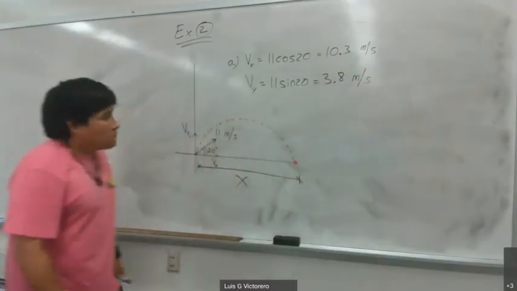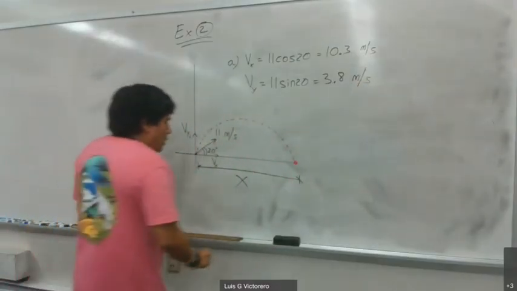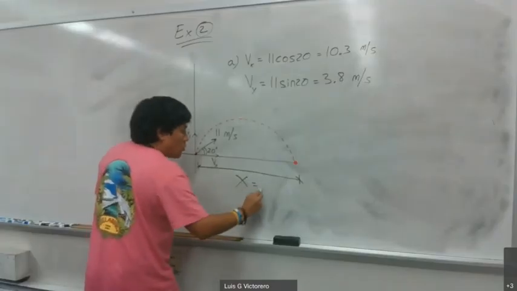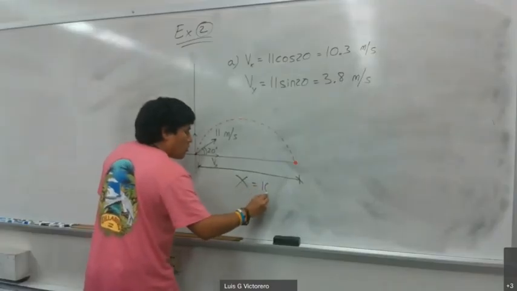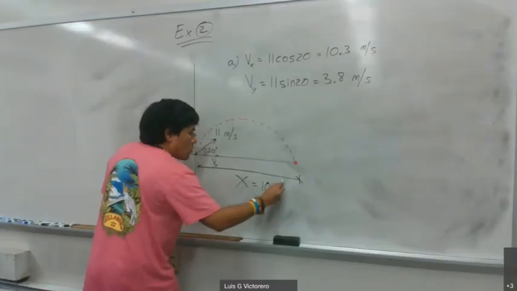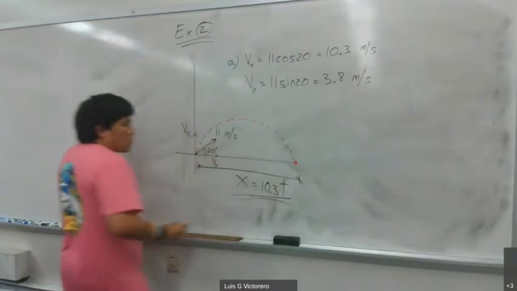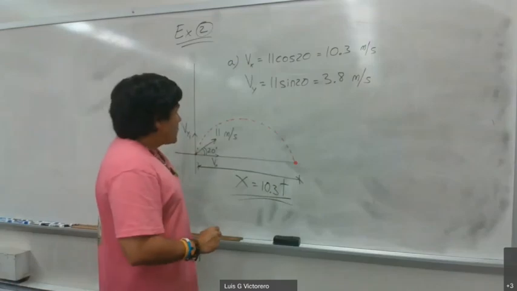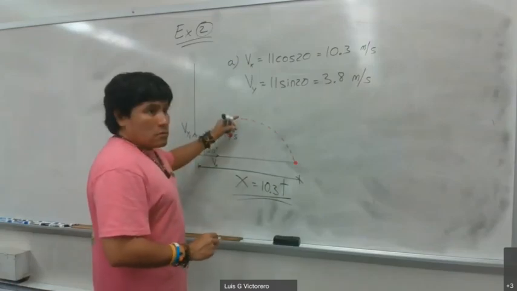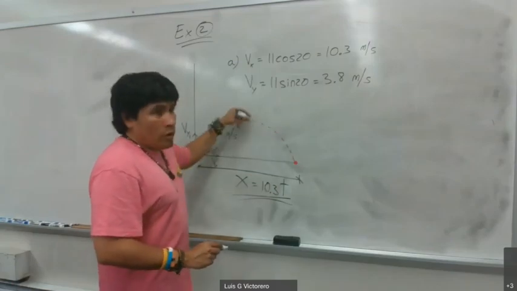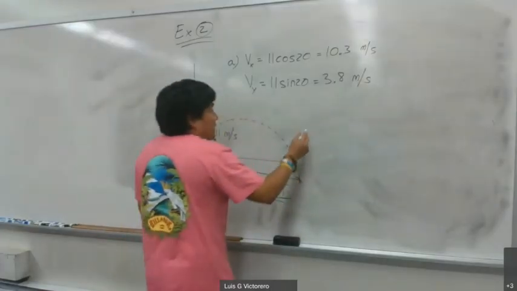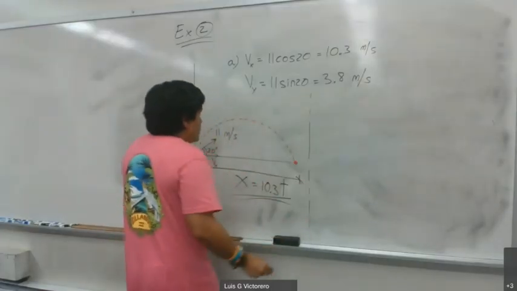So that's the first step. Then, let's find the time it takes to go up, which will be the same time as going down, and then we can find X. We also need the time, so that is actually useful.